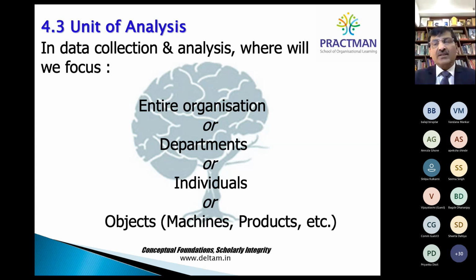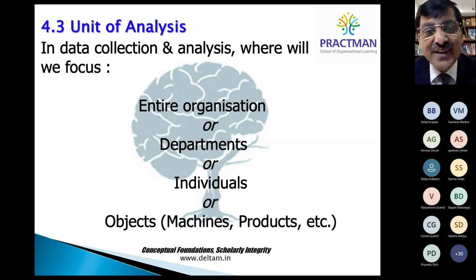When you say that these findings are applicable to small and medium scale companies, that means your unit of analysis is the entire organization. When you say that these findings are applicable to the production department of various companies, then your unit of analysis is a department, not the entire organization.